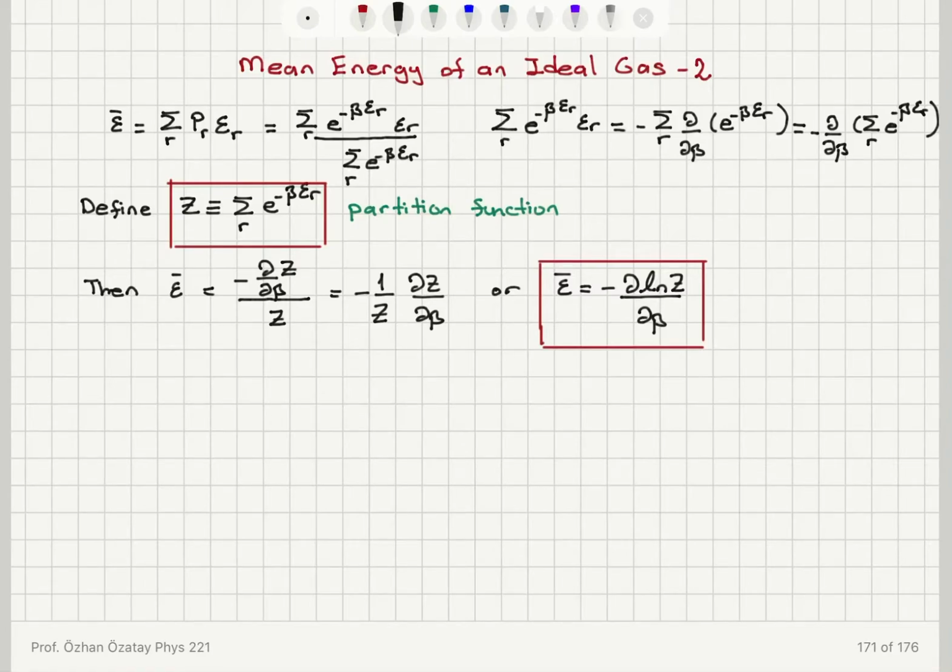Now let's consider the monatomic gas. For the case of a monatomic gas, basically the task is to calculate the partition function. You can see that if I calculate the partition function, by using this relationship minus partial ln Z partial beta, I can calculate the mean energy per molecule.